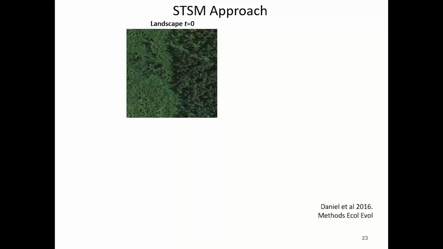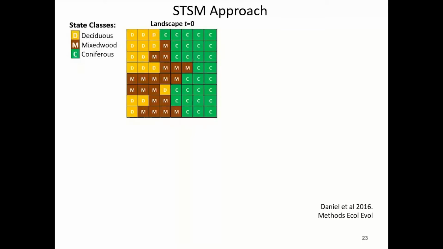Okay. So here's a series of slides that runs through what you'll find in more detail in the paper we just referred to. This is how a state transition simulation model, or STSM, as we shorten it, works. You take your landscape, it could be any landscape, any vegetation community, and you divide it into a number of discrete cells. That's step one.